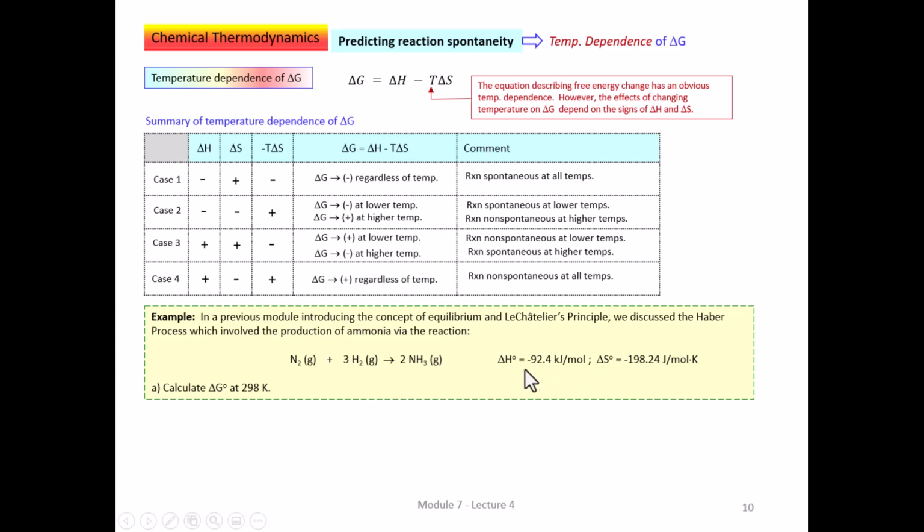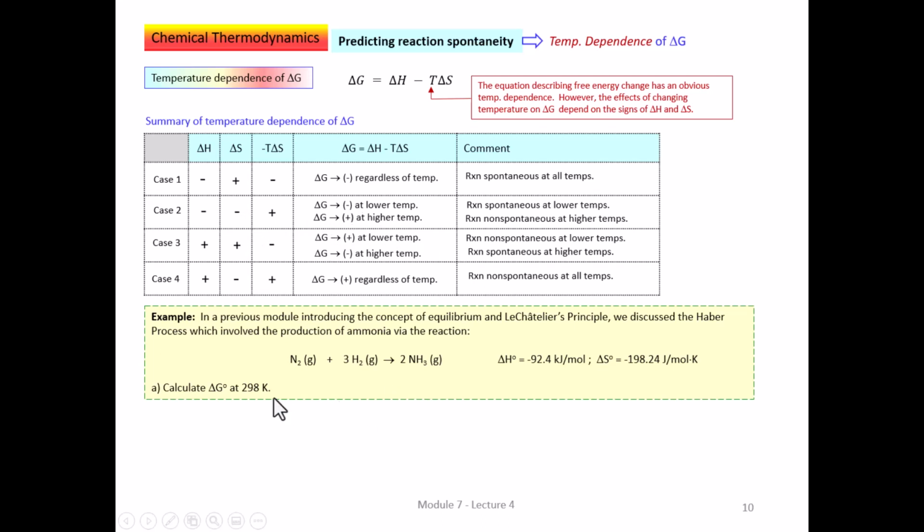Well, recall here, this reaction appears to come under case 2 because delta H is negative, delta S is negative, so delta G should be negative at lower temperatures and positive at higher temperatures.